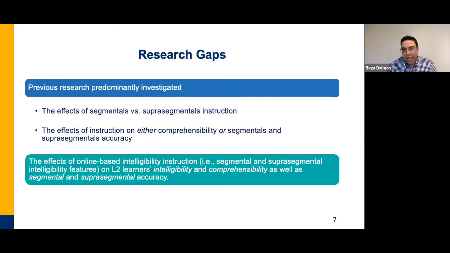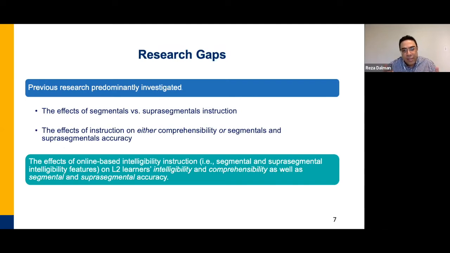There are two research gaps that the present study tried to bridge. The first one is that previous research predominantly investigated the effects of segmental versus suprasegmental instruction on pronunciation development. And the previous research mostly focused on the effects of instruction on either comprehensibility or segmental and suprasegmental accuracy of L2 learners.